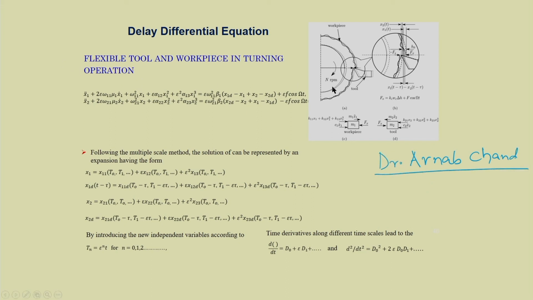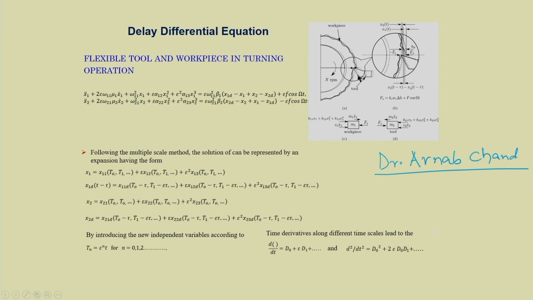Here in turning operation both the tool and the workpiece have been considered to be flexible. This is the tool and this is the workpiece. When it is cutting, there are several undulations. Previous undulations are present on the surface of the workpiece. As the workpiece is flexible, there is vibration of the workpiece.